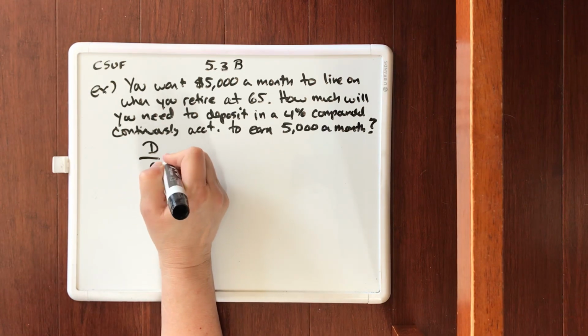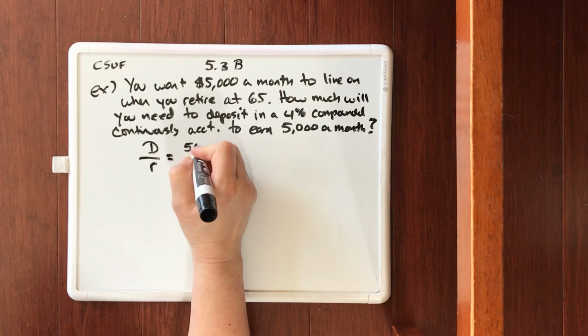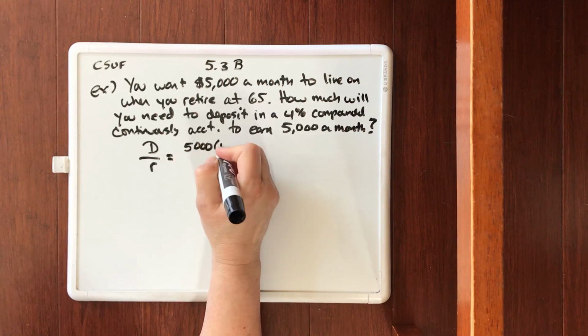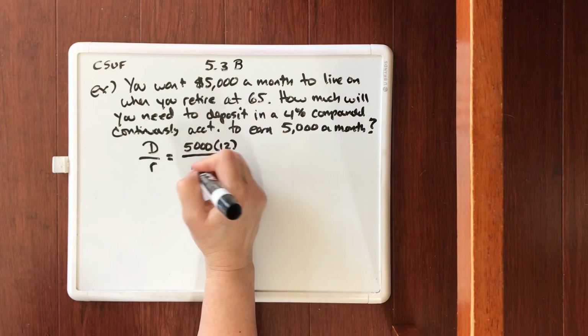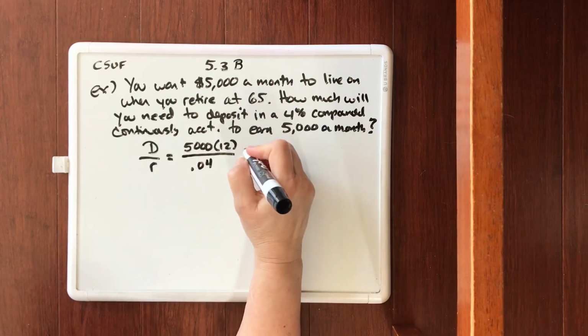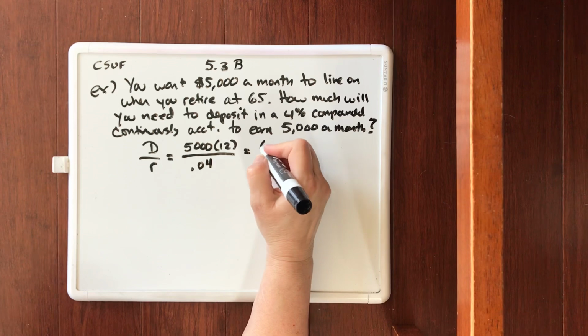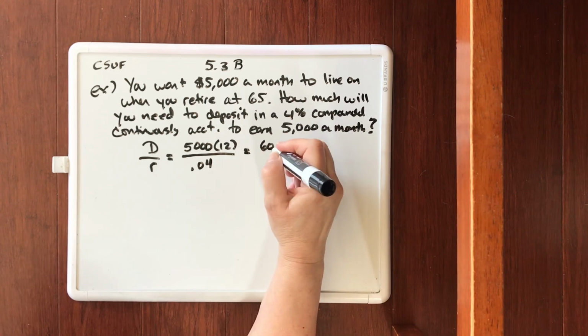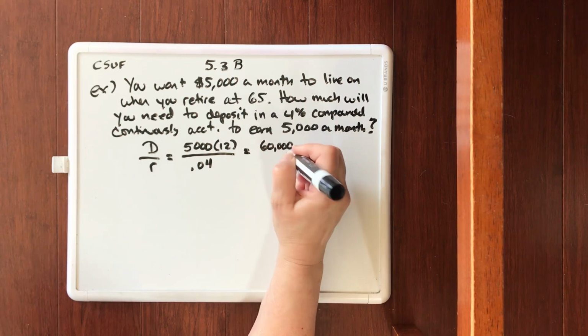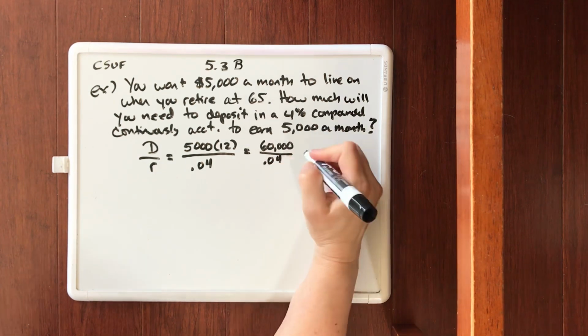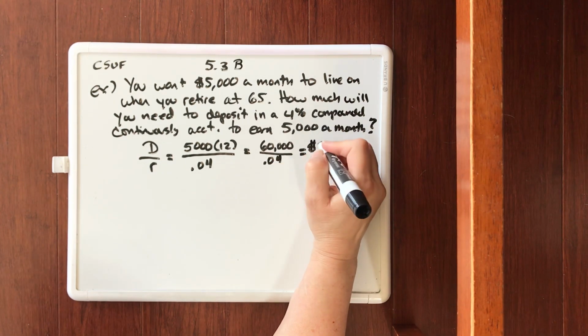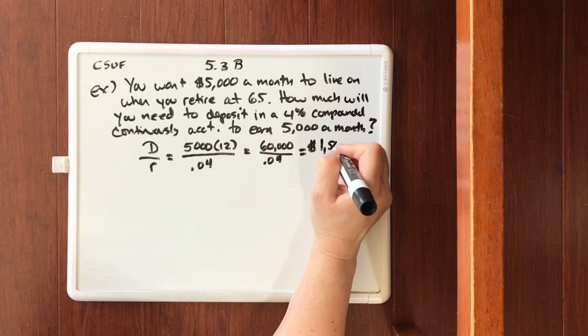We know d is in years, so if we have 5,000 a month, we have to multiply that by 12 to make it a year. R we said was 0.04. So that is 60,000 divided by 0.04. And that happens to equal 1,500,000.